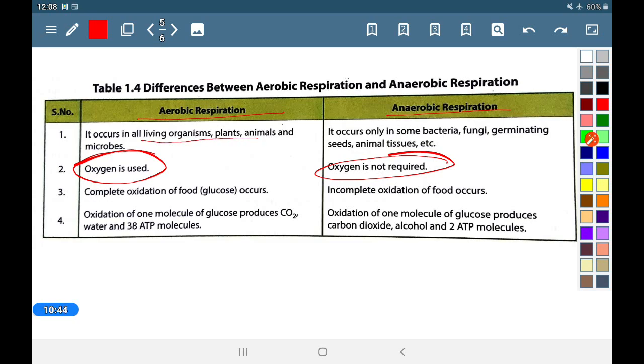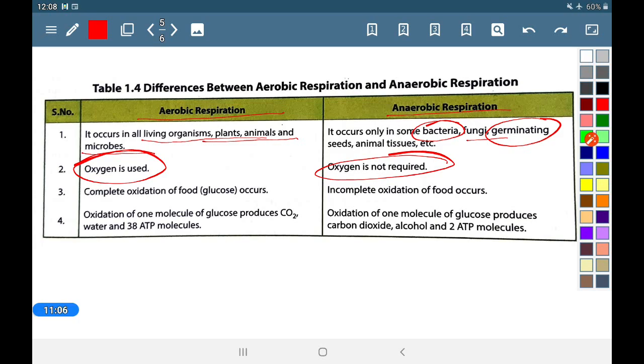In aerobic respiration, plants, animals, microbes, mostly every organism takes oxygen, but there are some anaerobic ones, the bacteria and fungi. They are anaerobic; they don't need oxygen for respiration.